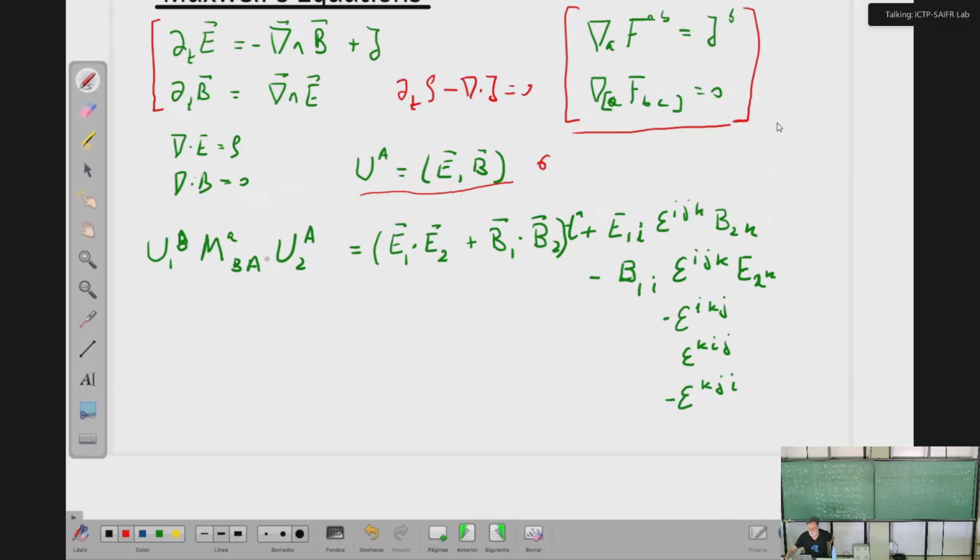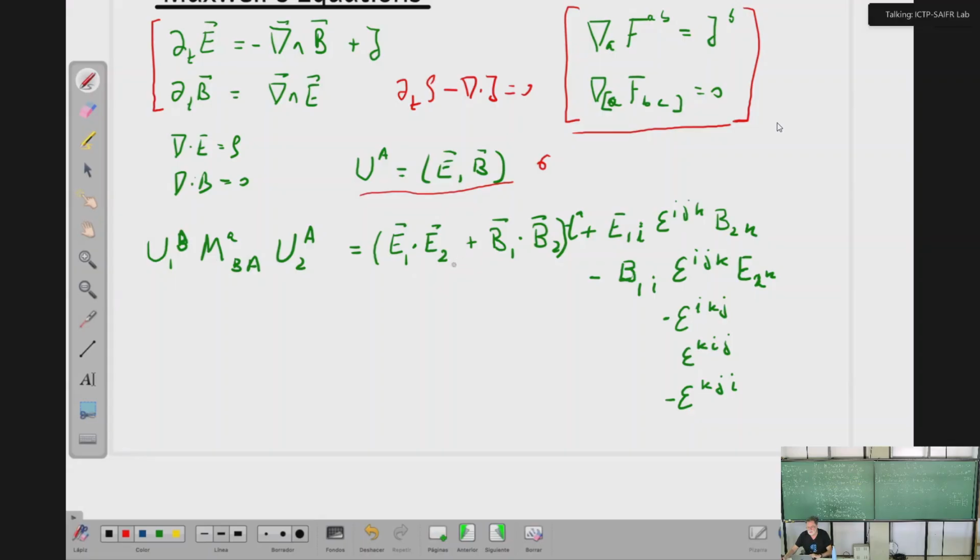So again we take this, we contract with some vector to have the time component and the space components. To check that this is symmetric, you just contract on one side with a variable U1 and on the other with a variable U2, and check that what you get is symmetric when you interchange U1 and U2.